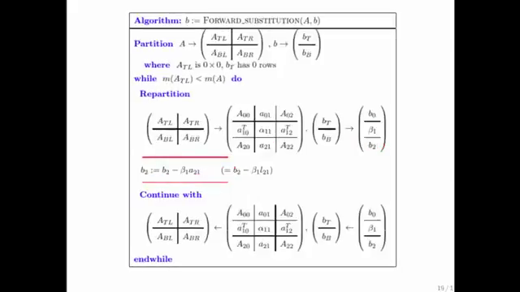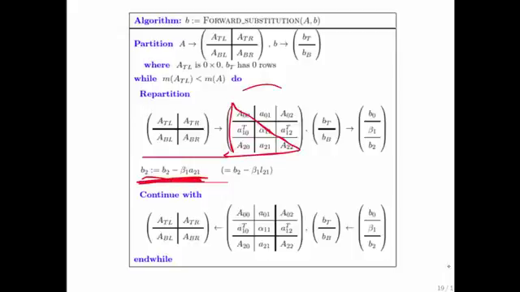Recall the algorithm for forward substitution that we got by taking the multipliers, or the Gauss transforms, and applying them after the matrix had already been reduced to an upper triangular matrix. At that point, all of these multipliers were sitting below A. And if you look at the algorithm for forward substitution, this is the update that had to happen.